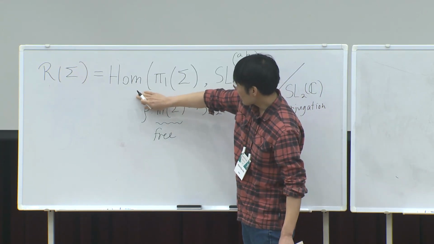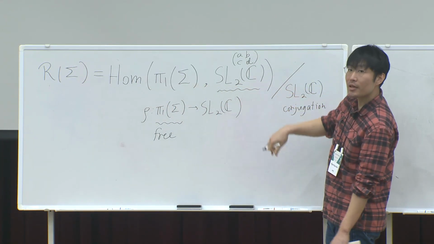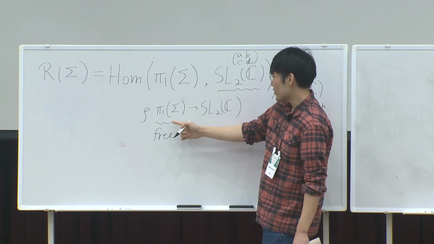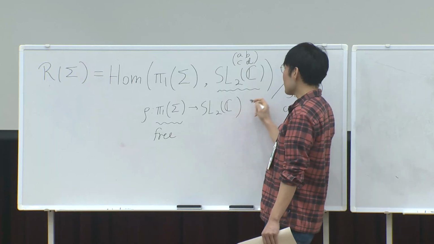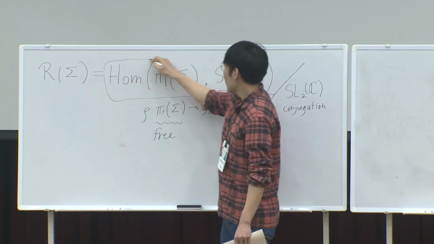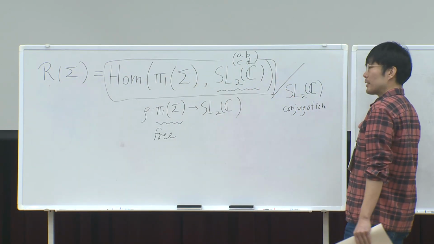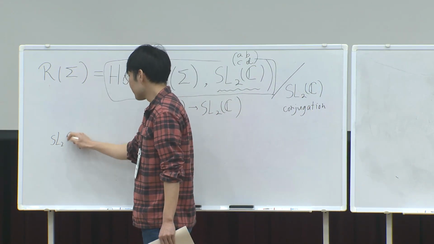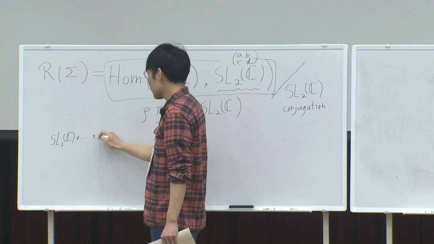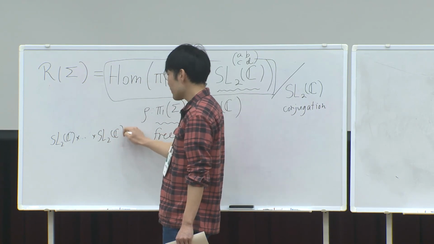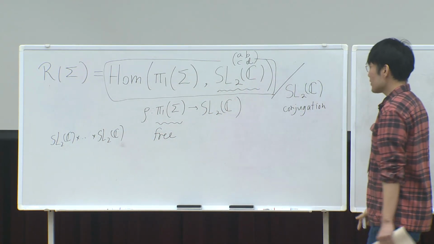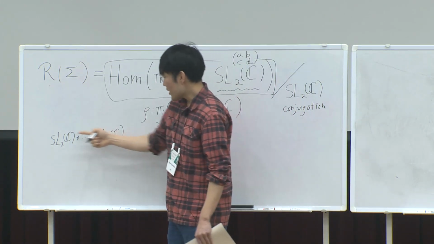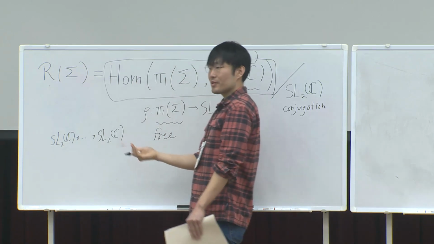So the collection of all group homomorphisms is described just by where each generator should go. So this part is just a product of copies of SL2C as a manifold, or as a variety. So it's a simple looking space, and then there's a conjugation action of SL2, simultaneous conjugation, and you're quotienting by this action.